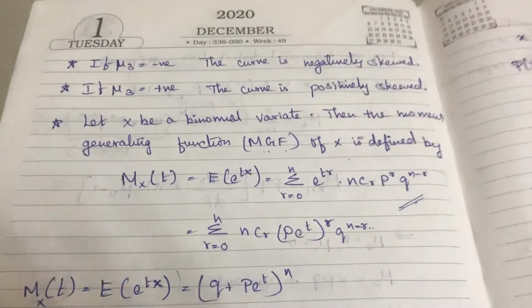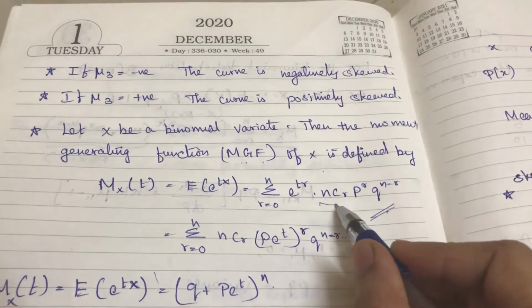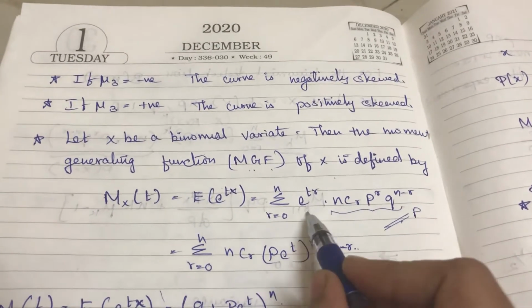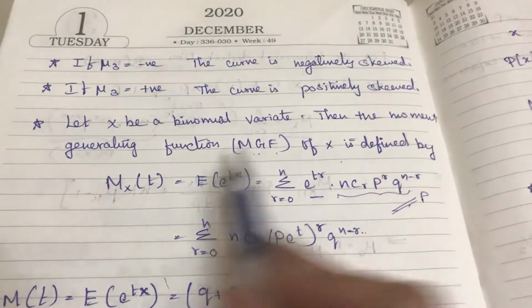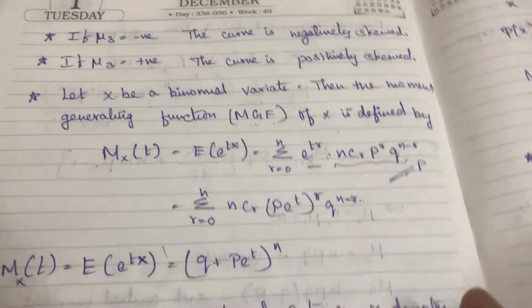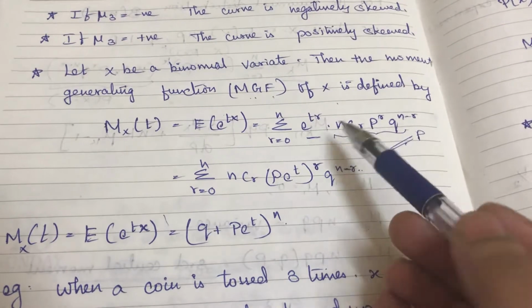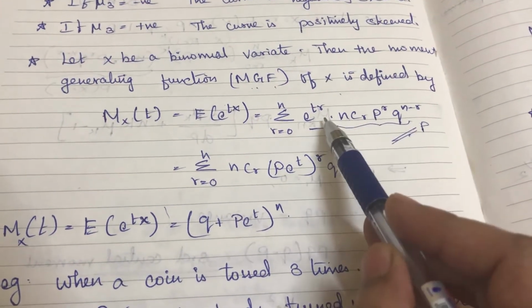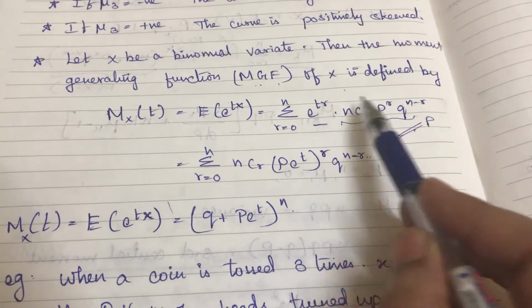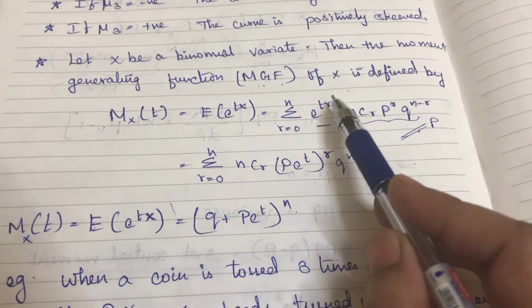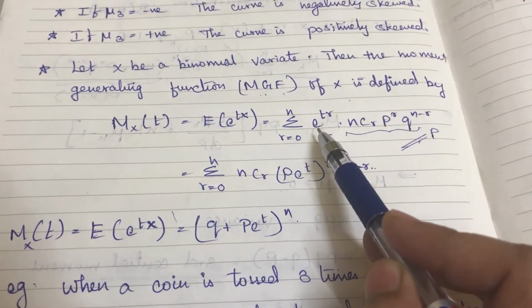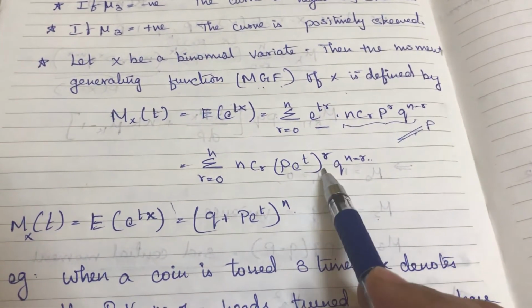You can see here the probability multiplied by the e term gives the moment generating function. We can simplify it: here also r, here also r in the power, so I can easily write p times e^t the whole power r.